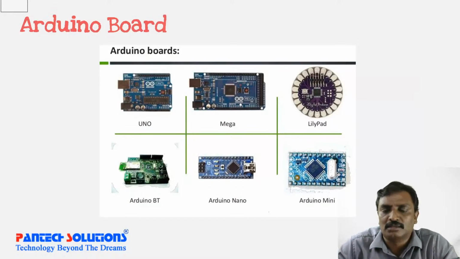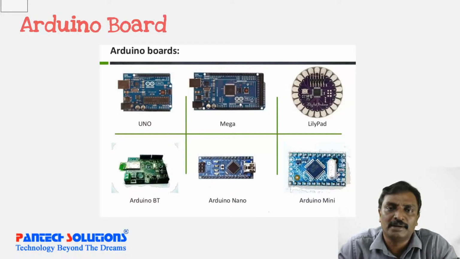The boards they have include the Mega, the LilyPad series, and the Nano and Mini series. If you want more GPIO pins and more speed, you could go for the Mega version. It has more GPIOs, 2 UARTs, SPI, I2C, as well as more speed.